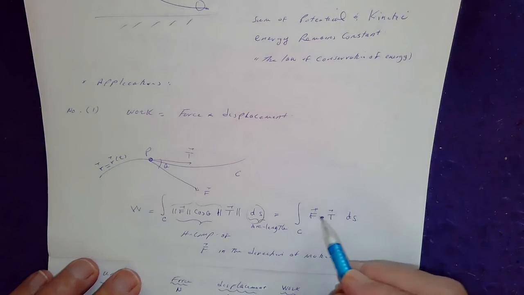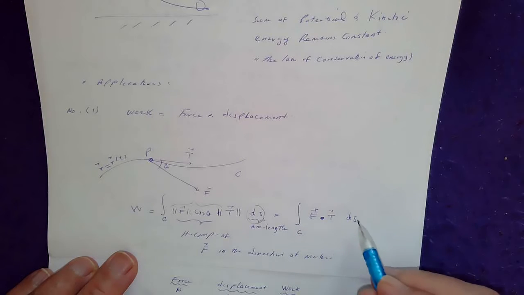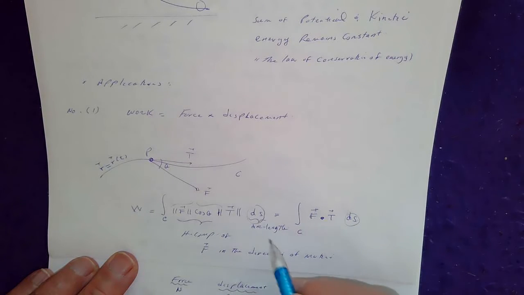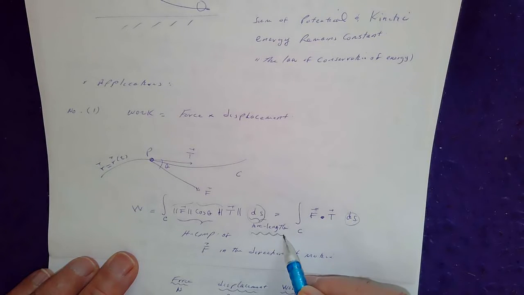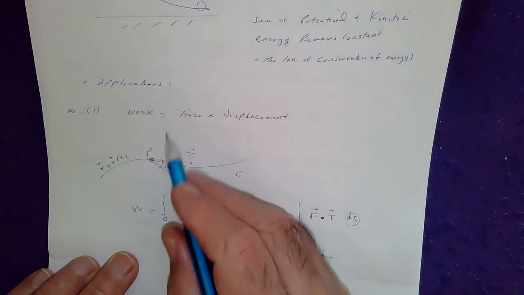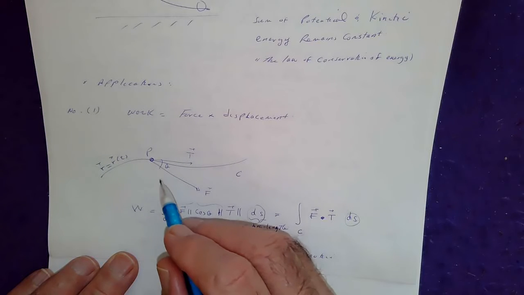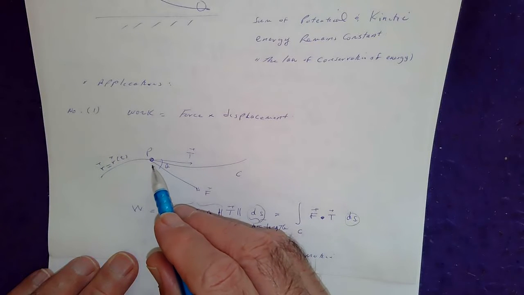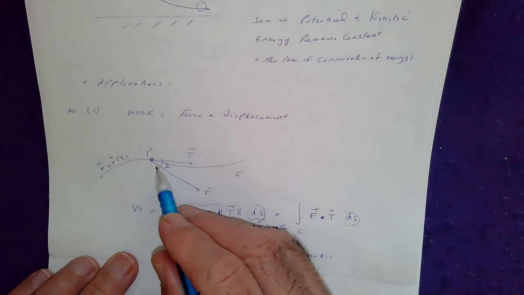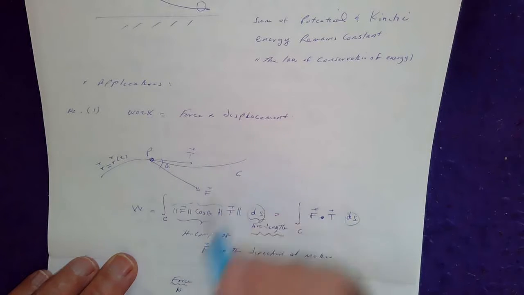So if I take F dot T multiplied by displacement, which is ds, and by the way, that's arc length, then what I have found is the amount of energy it takes to move an object or a particle on a curve from one point to the next.